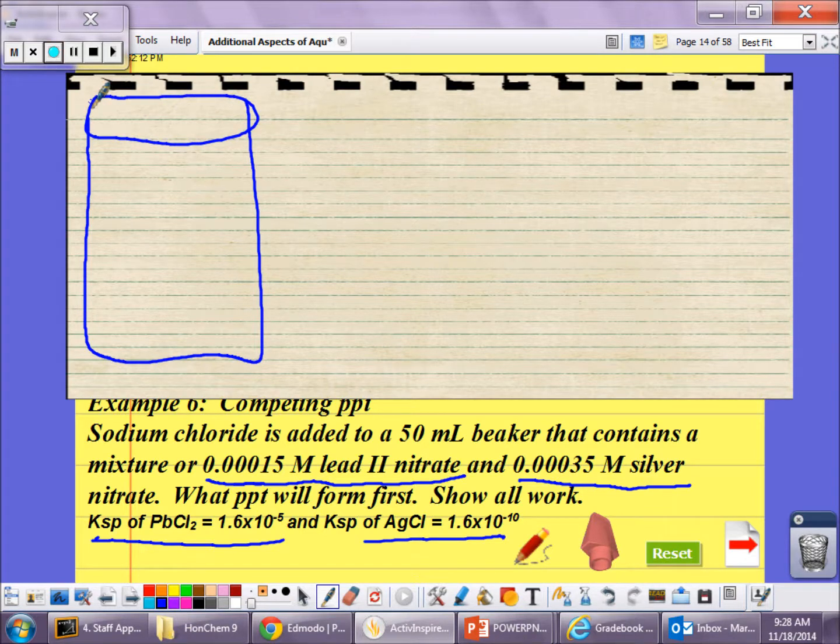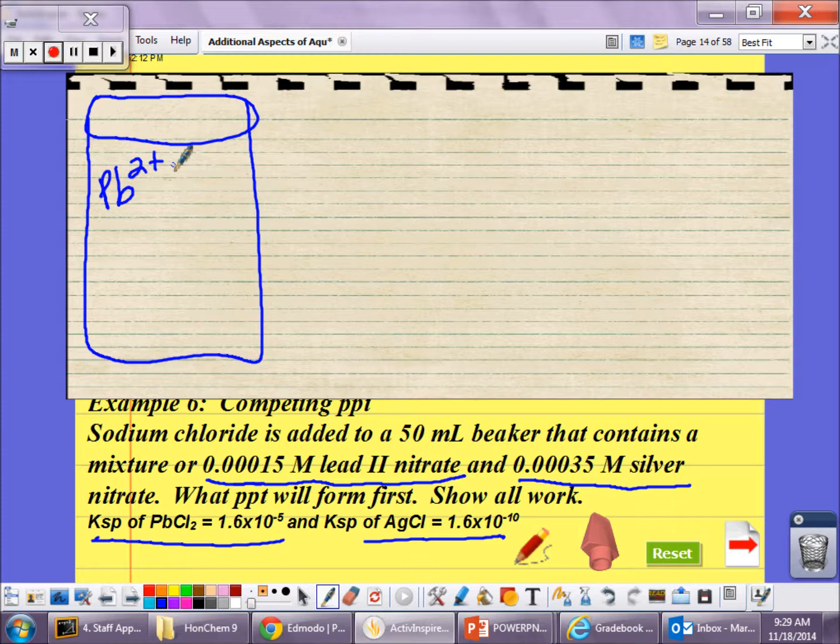I have a mixture of lead nitrate, lead(II) nitrate. I learned my solubility rules from chapter 4 in the textbook and know that all nitrates are soluble. So what I have in that beaker is Pb2+ and nitrate ion. I don't care about the nitrate ion, it is a spectator.